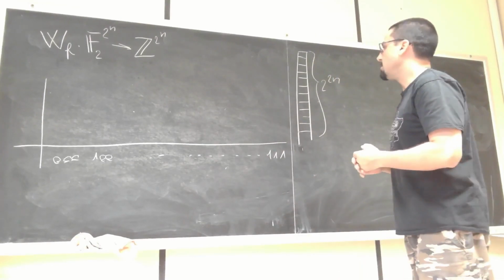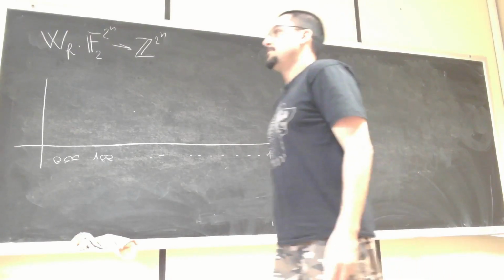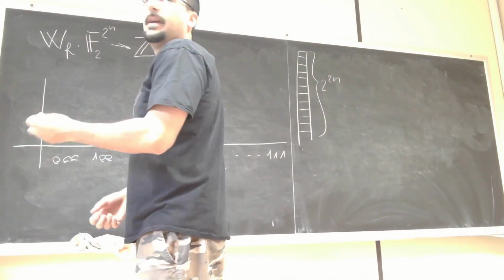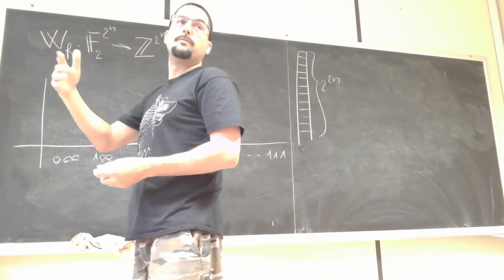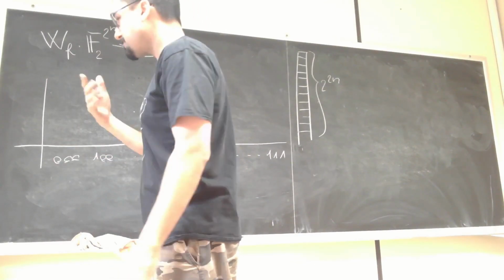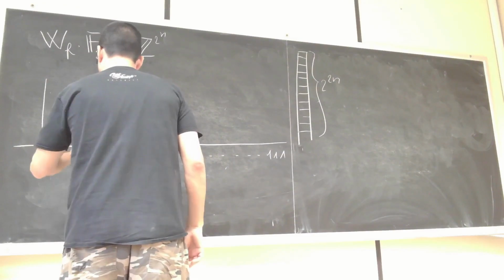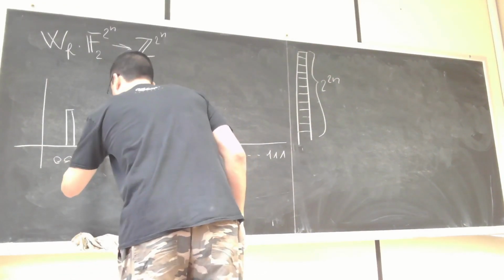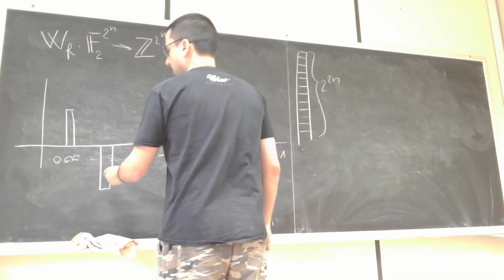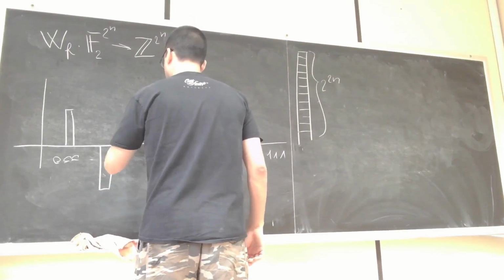Exactly. So this happens basically if everything has in absolute value the same height. So it will have something like this, and maybe we can have something like this, and then something like this.